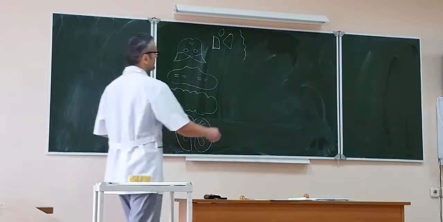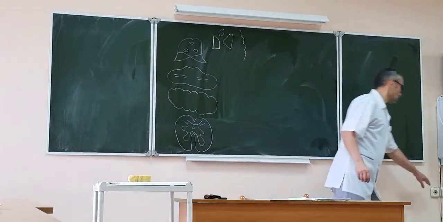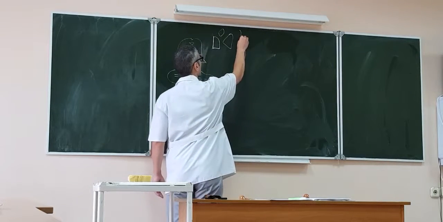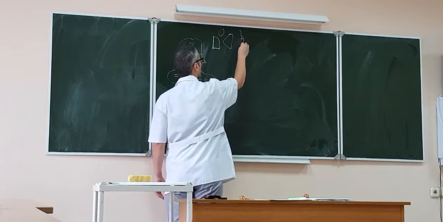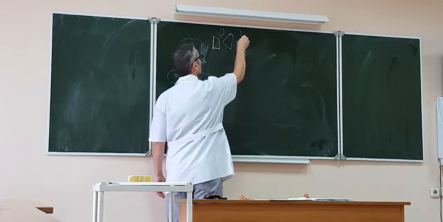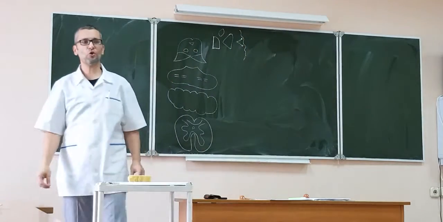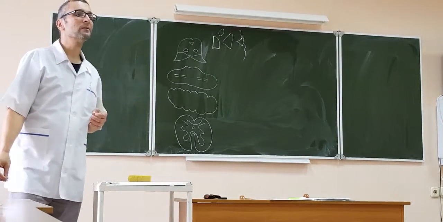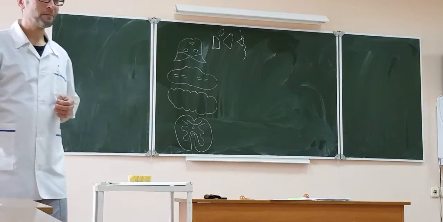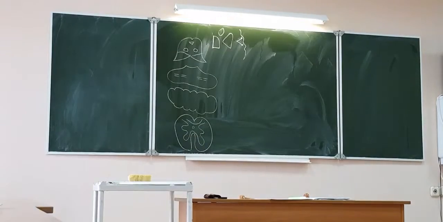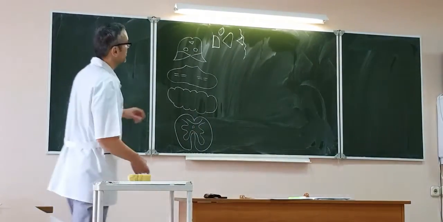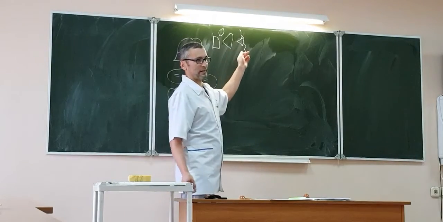So this tract of the extrapyramidal system begins from the cortex, more exactly from the motor area. I hope you remember that the motor area is localized in the central gyrus, but look, here I draw two parts, there are two centers.